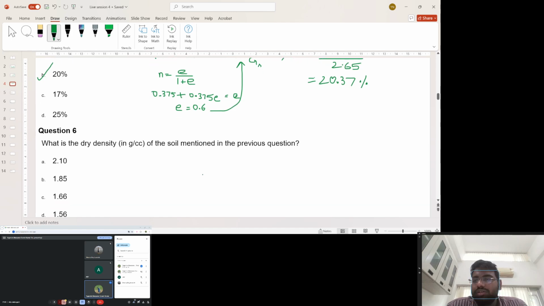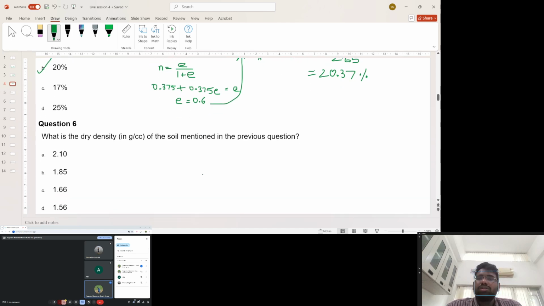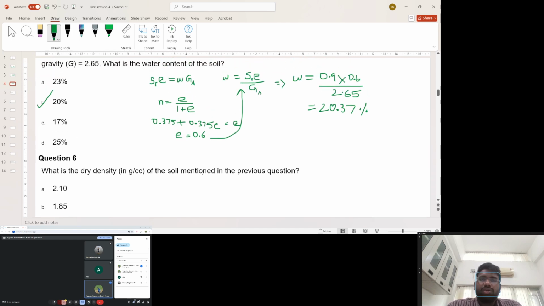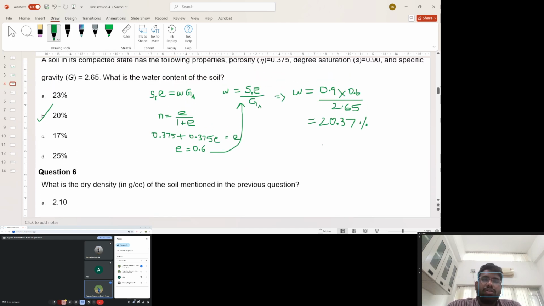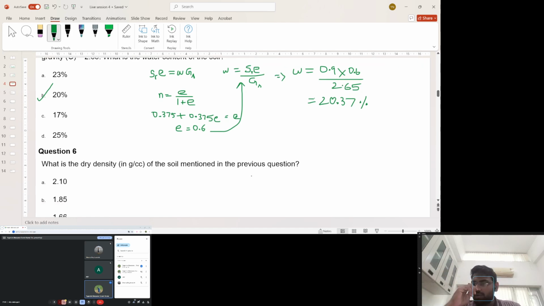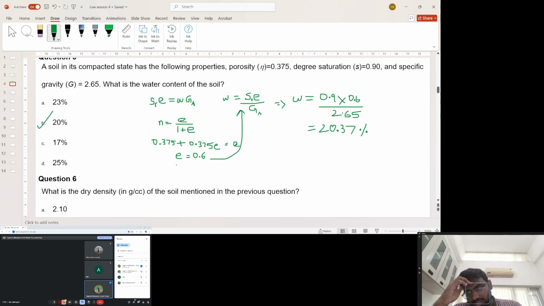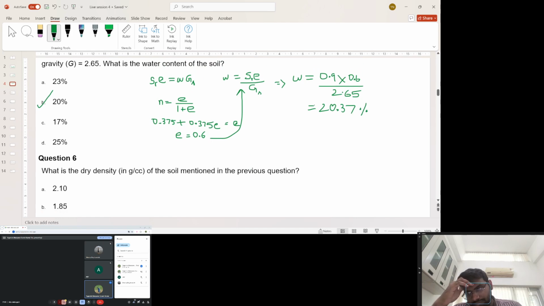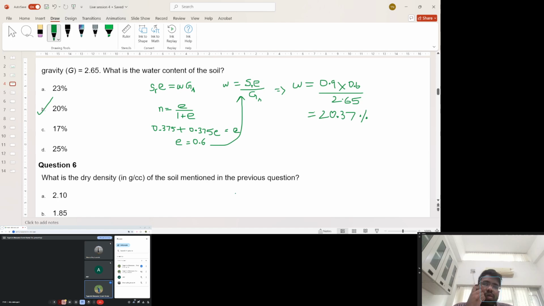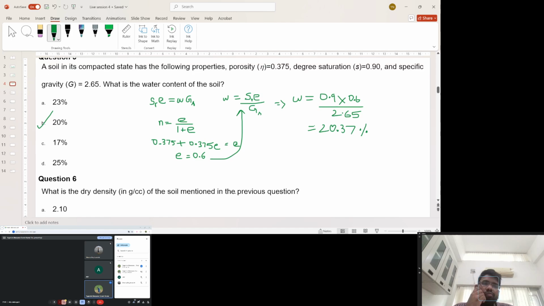Moving to the next question. It is a continuation of the previous question. So we have derived the water content. Now for the particular existing state, what is the dry density? At what dry density does this particular sample of sand exist for the given saturation condition?